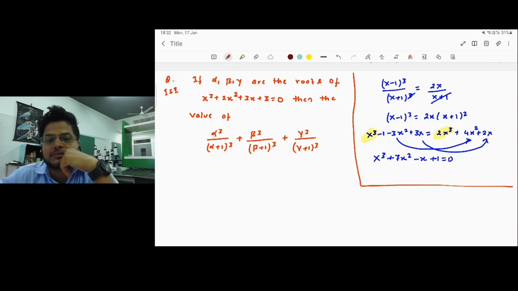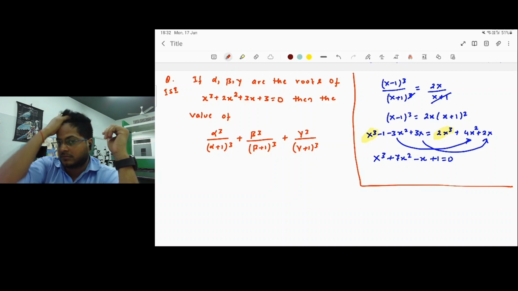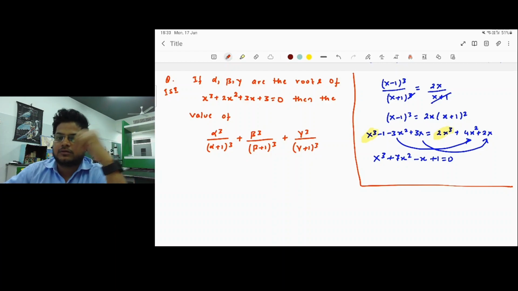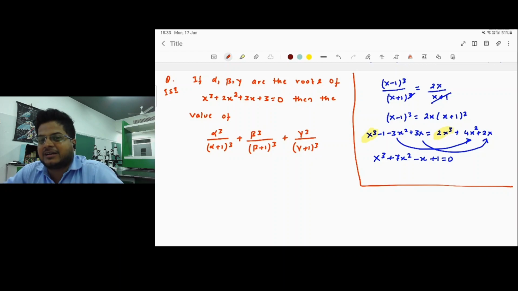Now start again thinking how this problem can be solved. I doubt that anybody really wants to take LCM and do the calculation and all. I'm pretty sure that this is going to be very, very difficult.